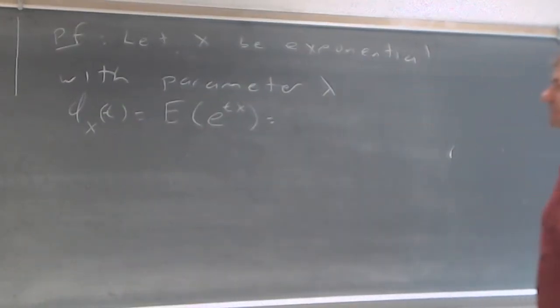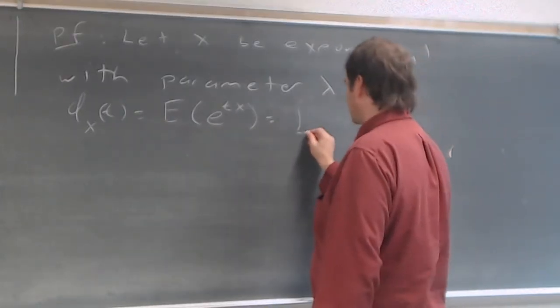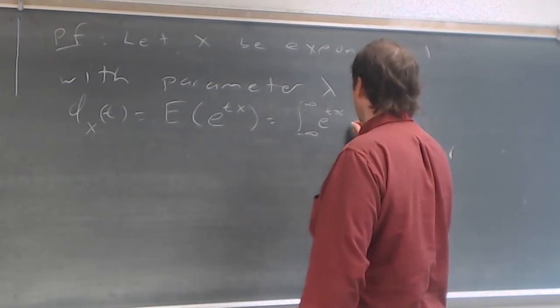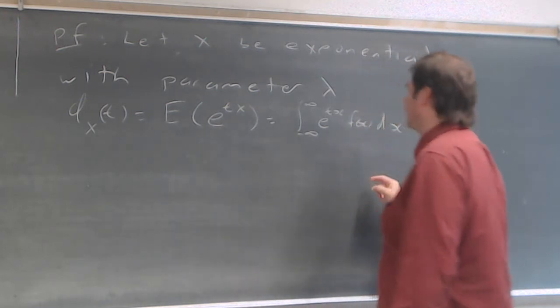And an exponentially distributed random variable is a continuous random variable. So the expected value is an integral from minus infinity to infinity of e to the tx times f of x, the PDF of X, dx.